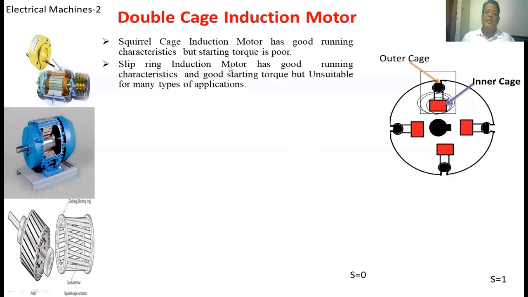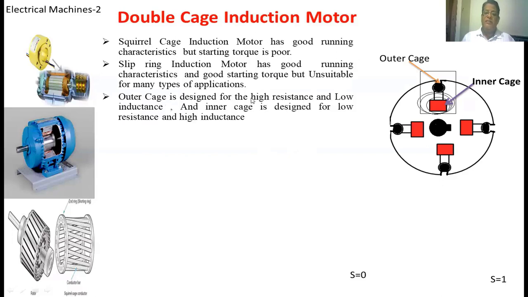The slip ring induction motor has good running characteristics and good starting torque, but is unsuitable for many types of applications. The outer cage is designed for high resistance and low inductance, and the inner cage is designed for low resistance and high inductance.